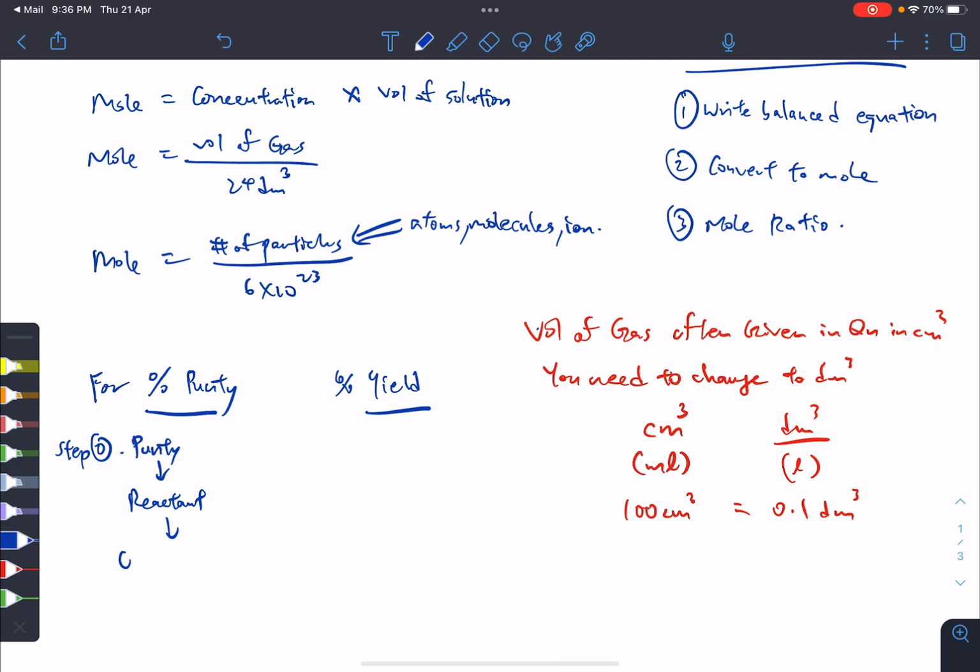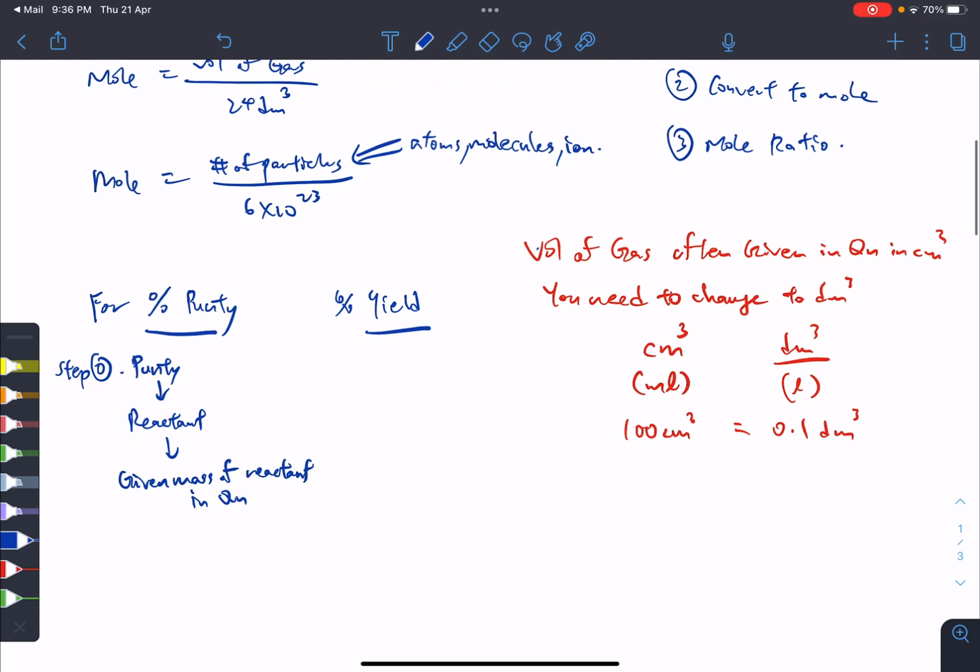That means the given mass of the reactant in the question, do not touch. What are you talking about? Meaning you don't convert to mole. Realize that if you do this, it will help you to solve the question more easily.